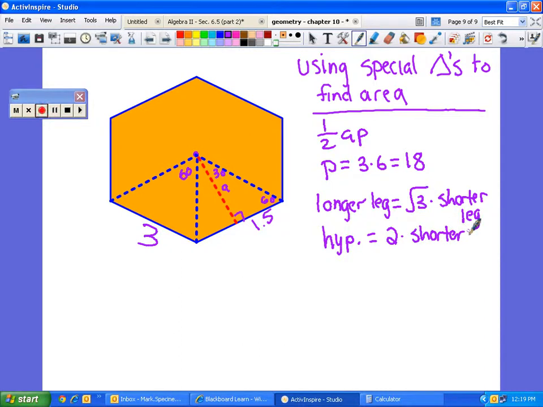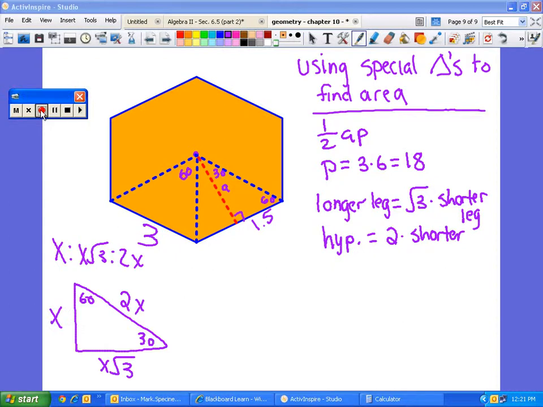The ratios are given to you on the test. If the shorter side is 1.5, what's the longer side? That's right. So a is equal to 1.5 times the square root of 3. Look at the triangle here. The short side is x, some value. To get the longer side, you take that number and multiply it by the square root of 3.